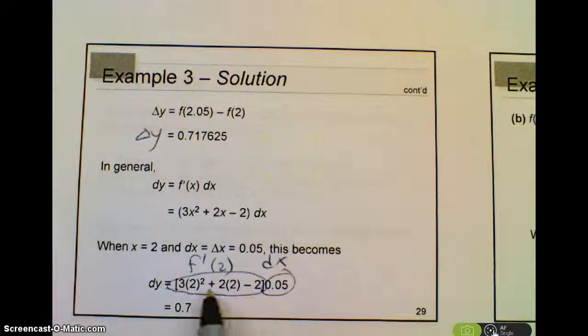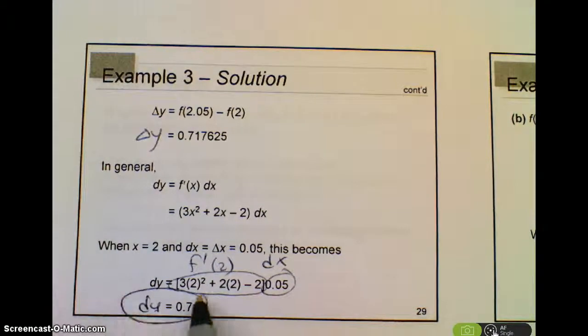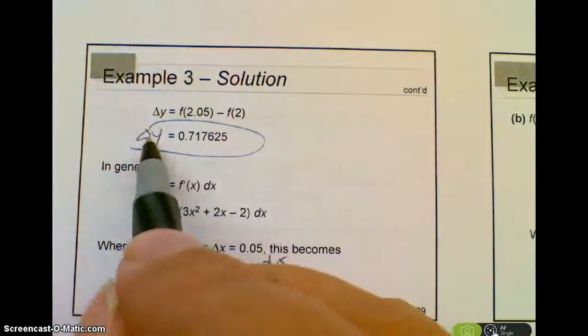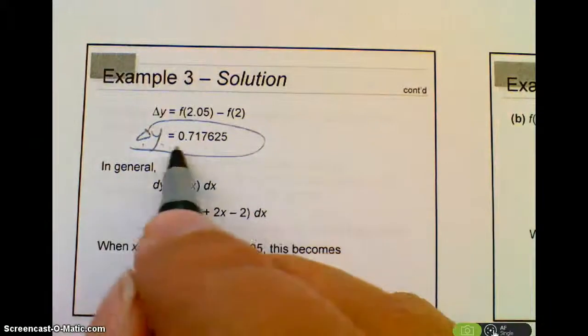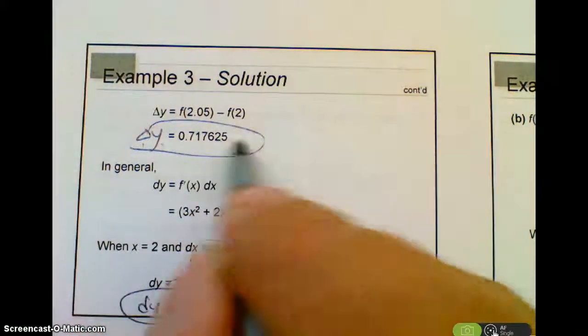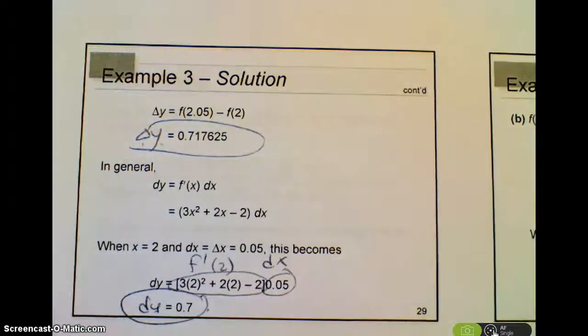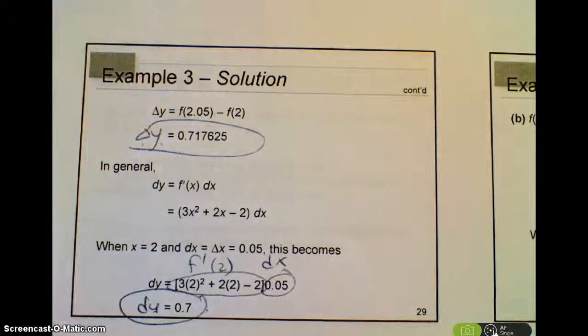This will be f prime of 2, and then this will be dx. And now, as you can see, dy is 0.7, and delta y, which is accurate (this is an approximation, this is accurate), is 0.71. And you can do that for other values.